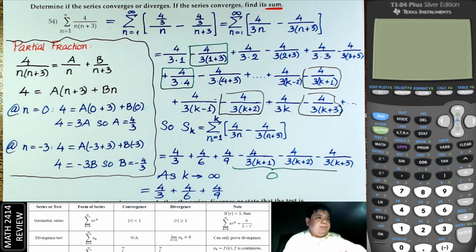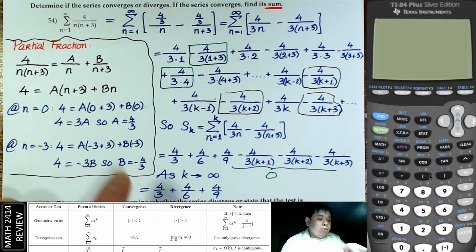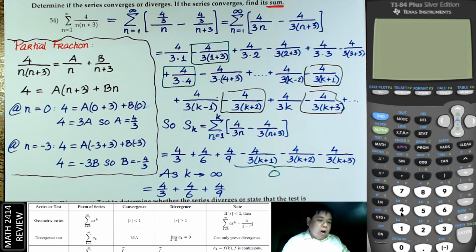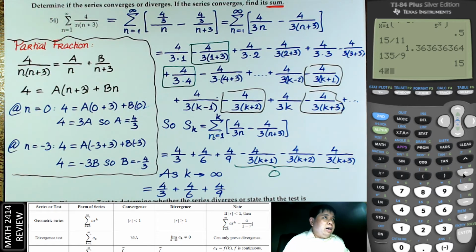Right. So for the telescoping series, we have to do the partial fraction, and we should have 1 positive and 1 negative. Each term in the sequence has the positive part and the negative part, and it depends how many we cancel out. If we have some number of positive or some number of negative from the beginning, then we have the same number of the opposite side at the end.